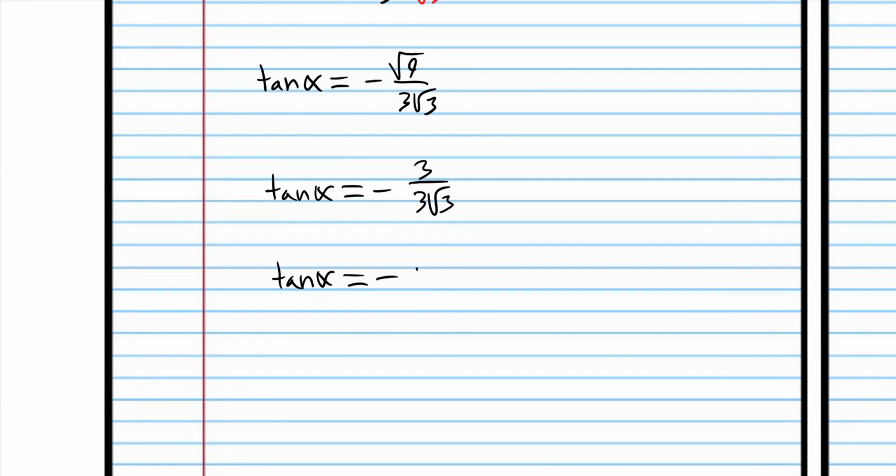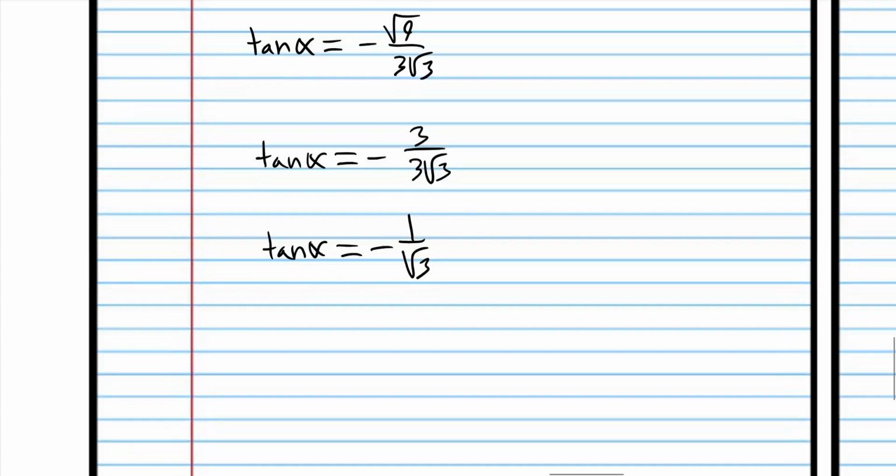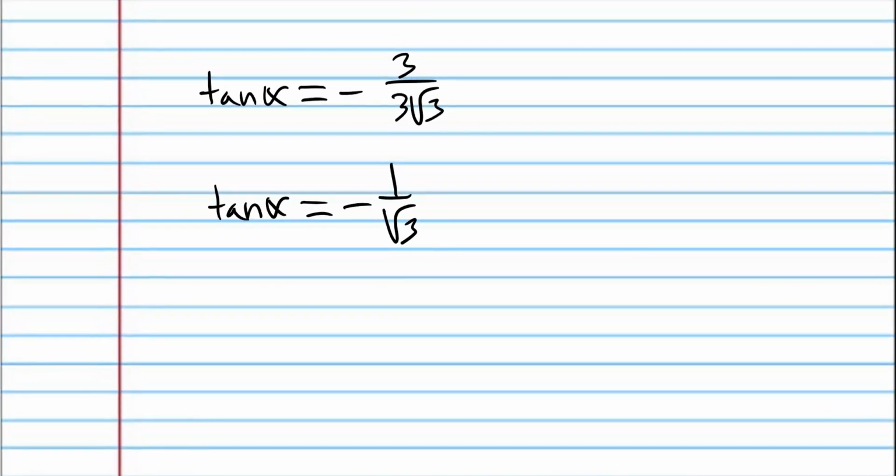We get negative 1 over root 3. So this is a 30, 60, 90 degree triangle. So the opposite side is x and the adjacent side is x root 3. If the opposite side is x, that means it's going to be a 30 degree reference angle, and if tangent is negative, then we're going to have 150 degrees and 330 degrees, so second quadrant and fourth quadrant.